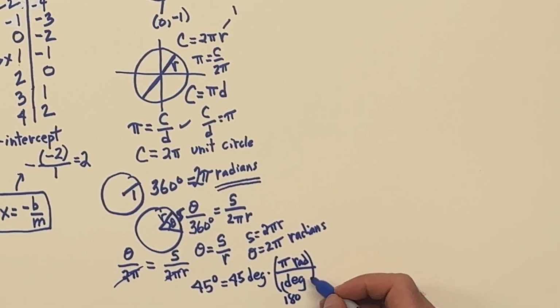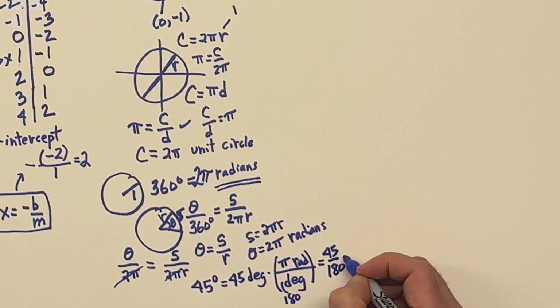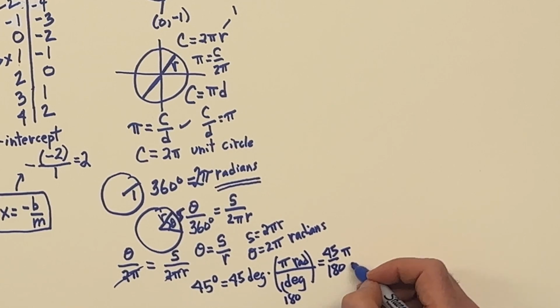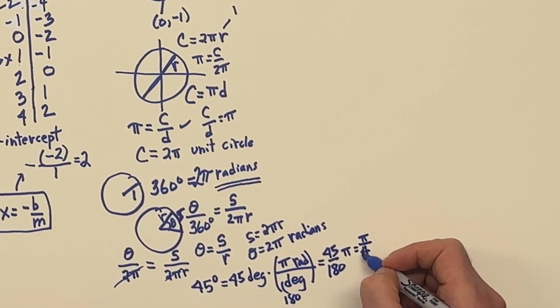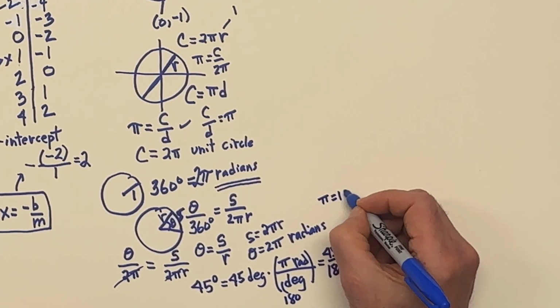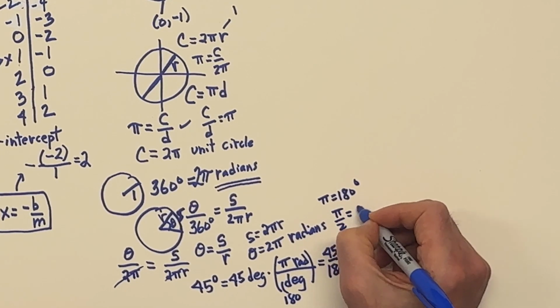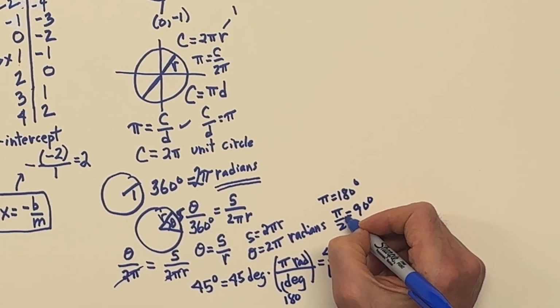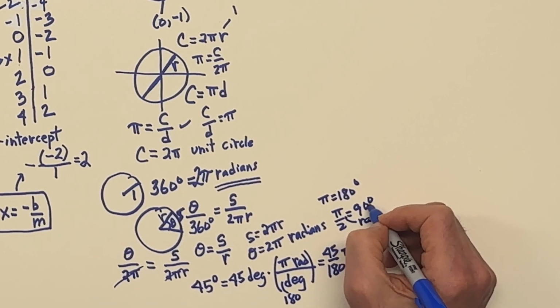So when we do this, we get 45 over 180 pi, and that's equal to pi over 4. That makes sense because if pi radians is 180 degrees, then pi over 2 would get you 90 degrees. And you see why it's helpful to put the radians in there, because it makes it less confusing. Because if you just say pi over 2 equals 90 degrees, what's that?